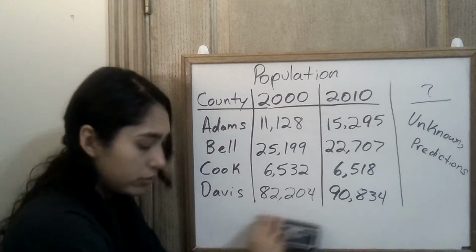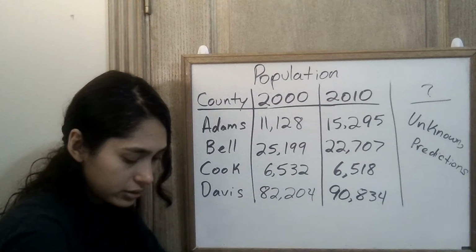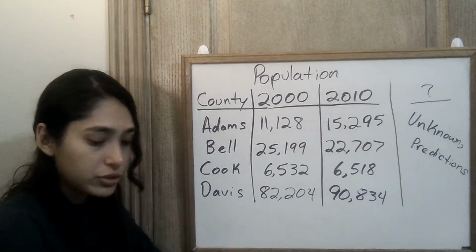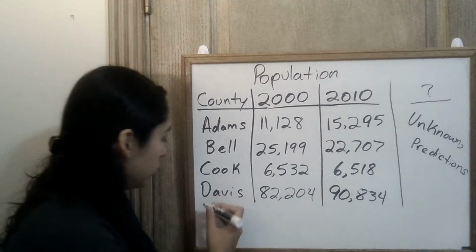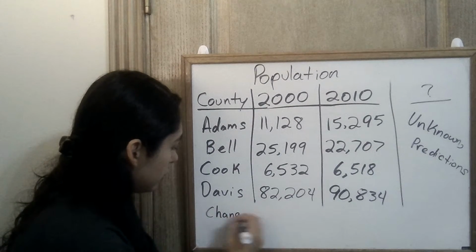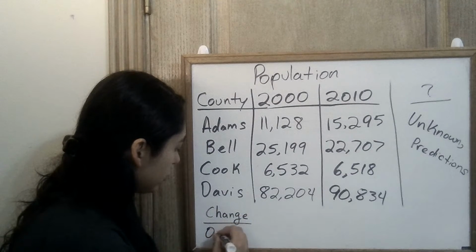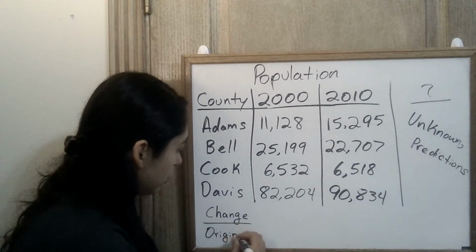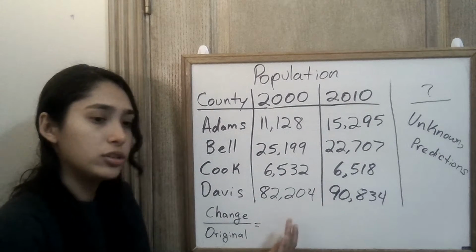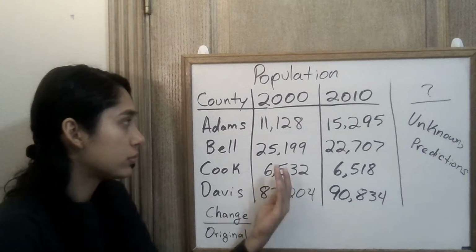So following our rules on percent increase, we're going to find the change over the original. So following our rules of time, what came first is going to be the original.